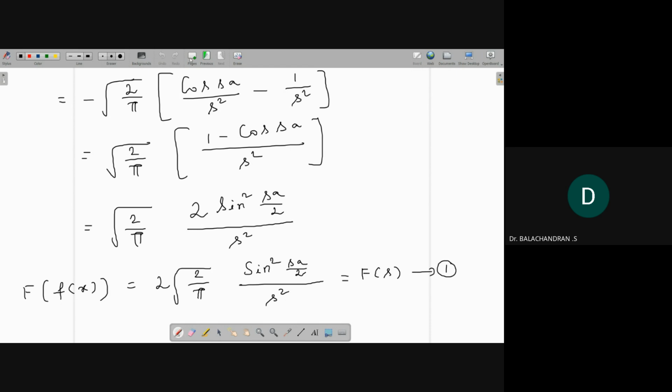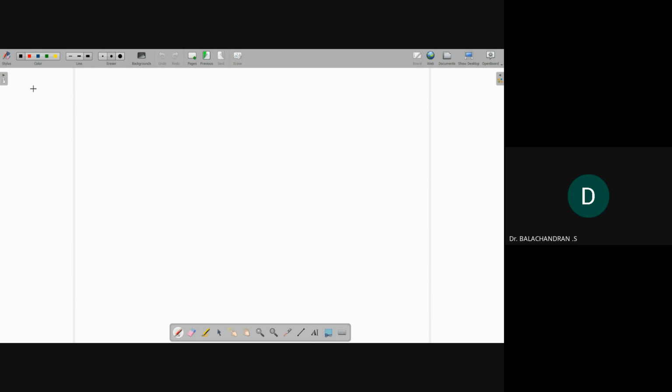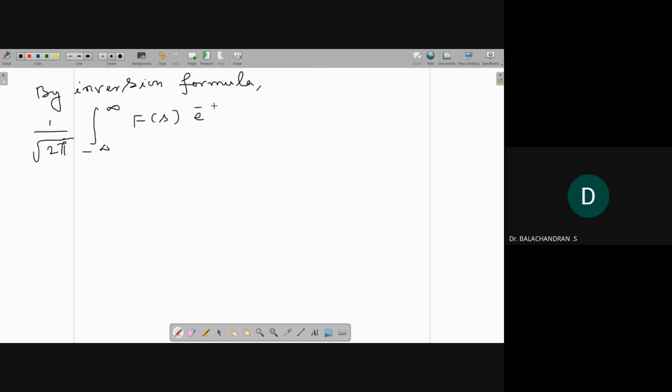So by inversion formula, what is the inversion formula? 1 by root 2 pi, integral from minus infinity to plus infinity, F of s into e power minus isx into ds is equal to f of x.